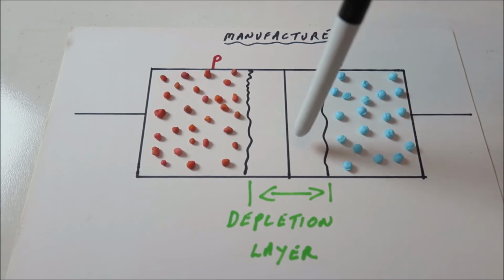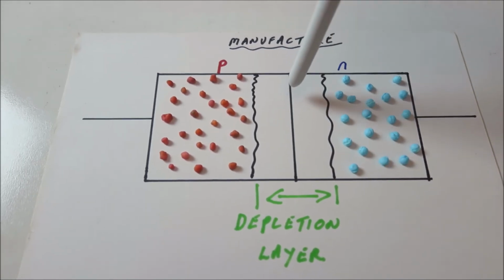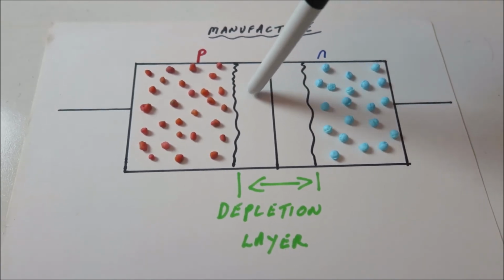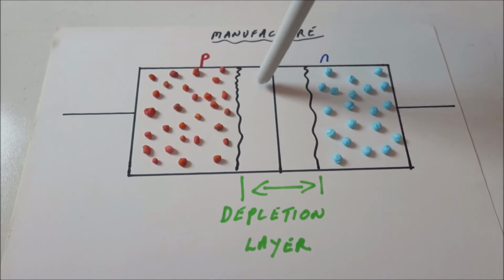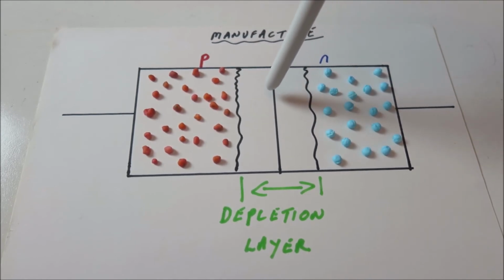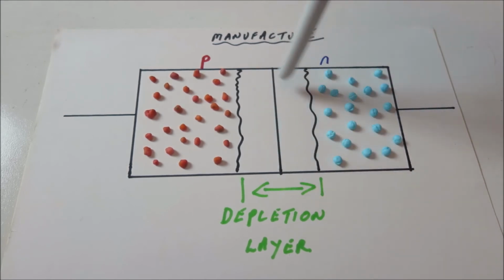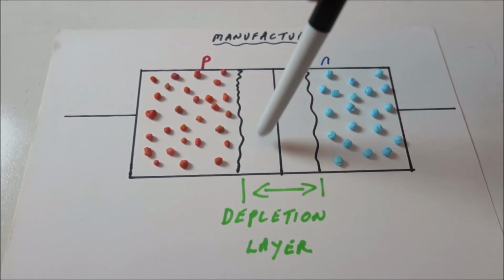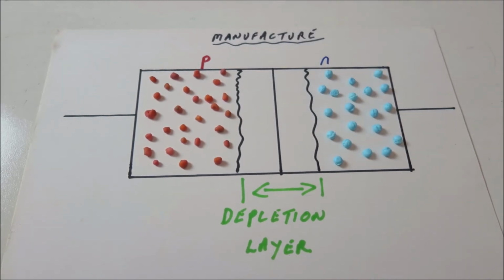If you notice, in the middle, around the PN junction, we have a layer where there are very few, or actually hardly any at all, majority charge carriers. So it's depleted of charge carriers. This is called the depletion layer or the depletion zone. There are no charge carriers in here because effectively they've migrated back into the material. And that's at the point of manufacture.